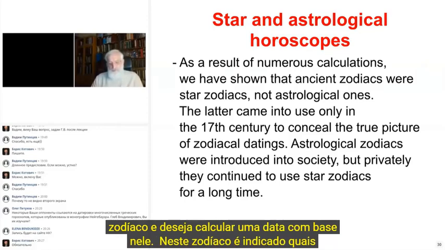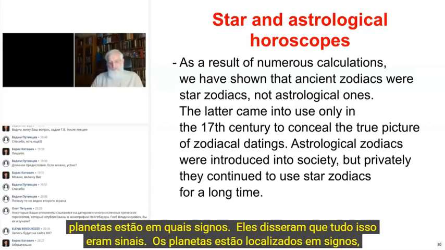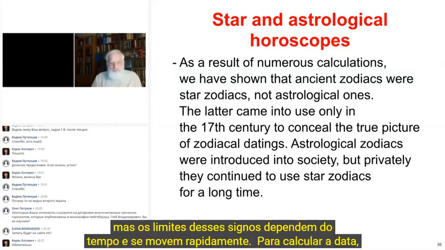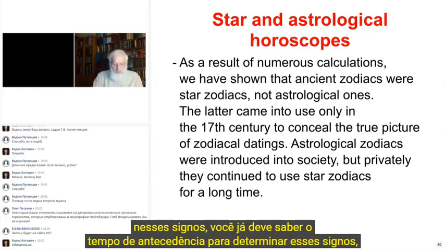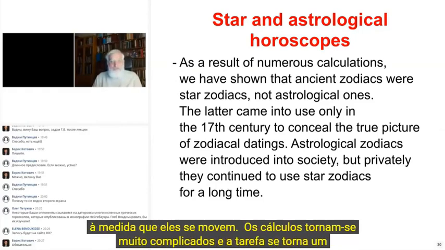In this zodiac, it is indicated which planets are in which signs. They said these were all signs. Planets are located in signs, but the boundaries of these signs depend on time and move quickly. To calculate the date, you need to understand when the planets were in these signs. To calculate when they were in these signs, you must already know the time in advance to determine these signs, as they themselves move.